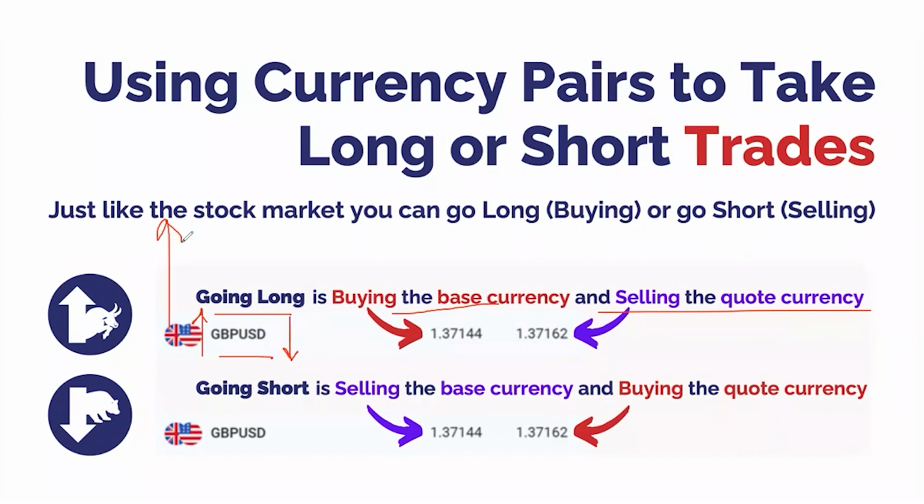So earlier on, we had £1 that was worth $1.37. Our target is to make sure that that pound becomes $1.39 or $1.40, and then we're selling that at that price and netting the difference. And that's how we make profit as speculative traders. Does that make sense?